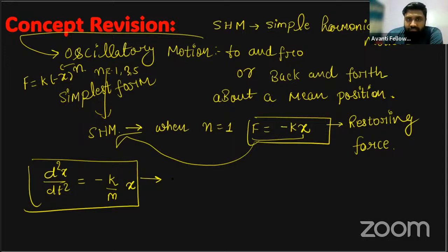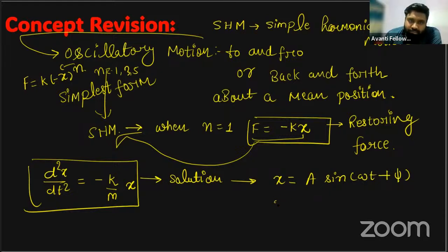The solution of this equation is x equals a sine omega t plus phi, or delta, or x equals a cos omega t plus phi.